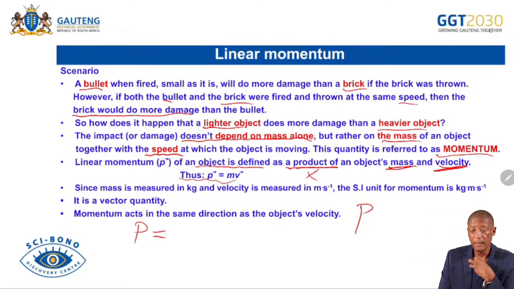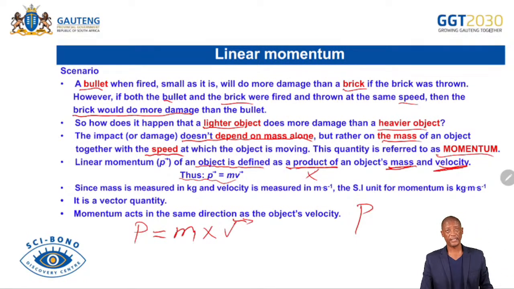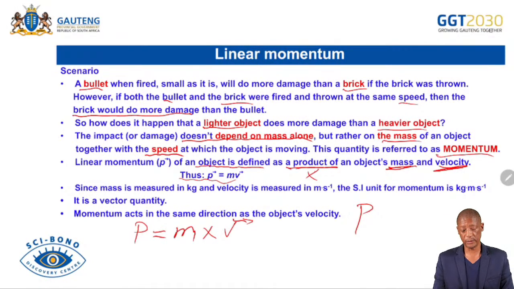So P is equal to mass multiplied by, which is the product, velocity. Now, velocity, it's a vector. It must have both magnitude and direction. Even though we talk about momentum, it is a vector. We denote a vector with an arrow.